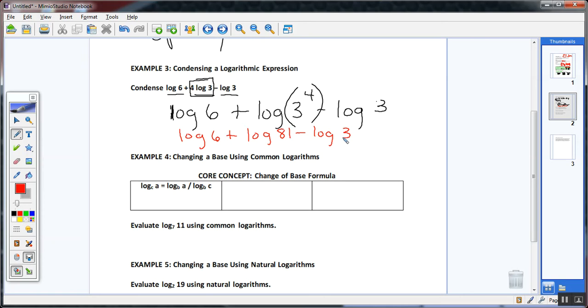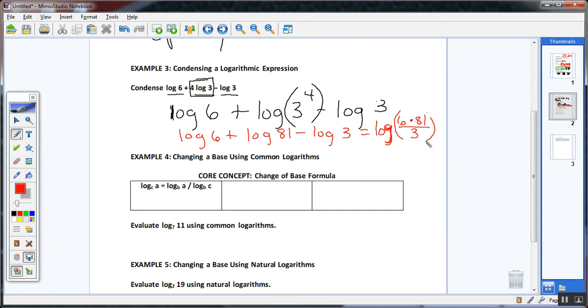Then, after I've multiplied the 6 and the 81, now I see minus log of 3. So I can take 6 times 81 and divide it by 3. Okay, so you're telling me right here that this is equal to the log of 6 times what over?